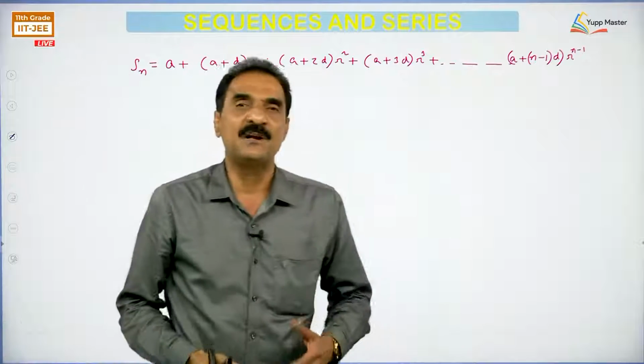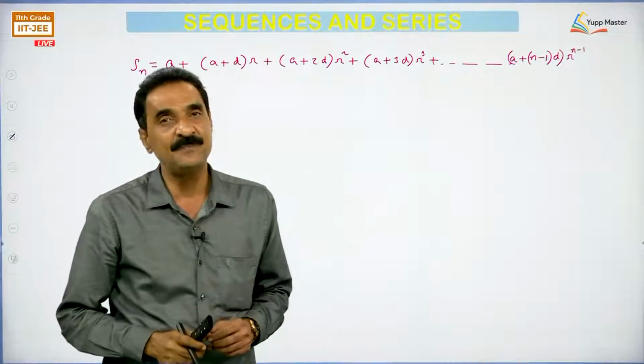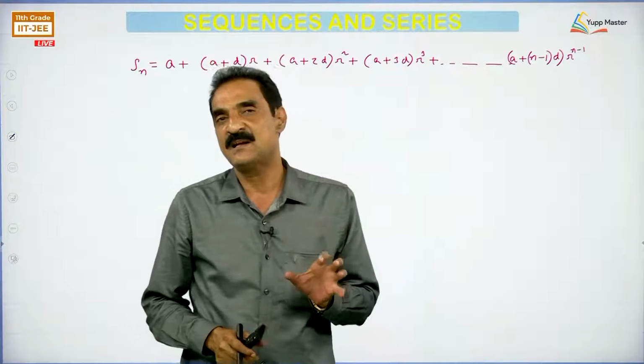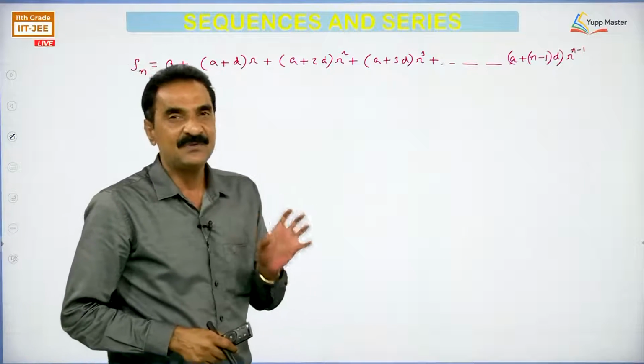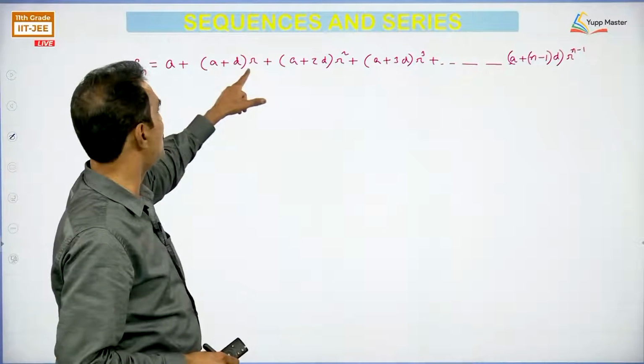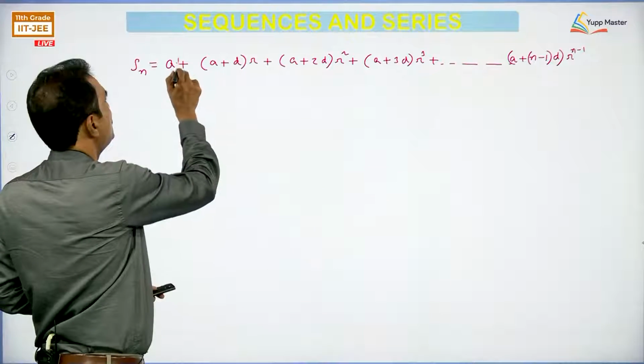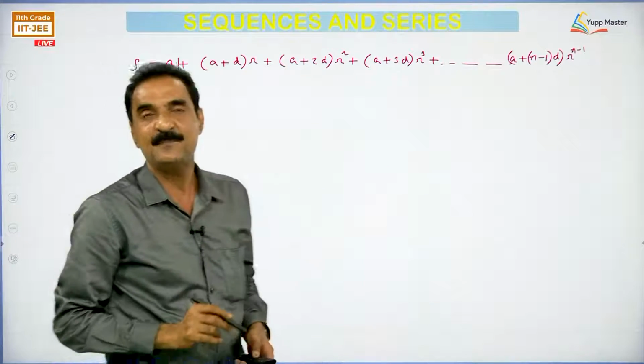And you remember a general point I have already explained in geometric progression. Whenever a series contains the terms of GP as factors like 1, R, R square, R cube and so on, if you write the first term as A into 1, then the second factors are in GP.